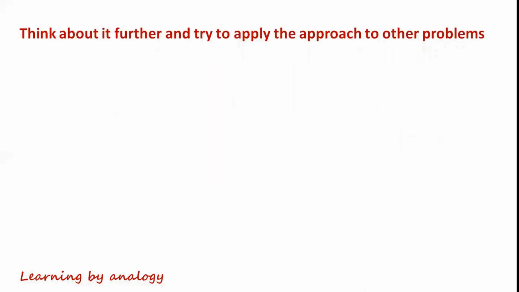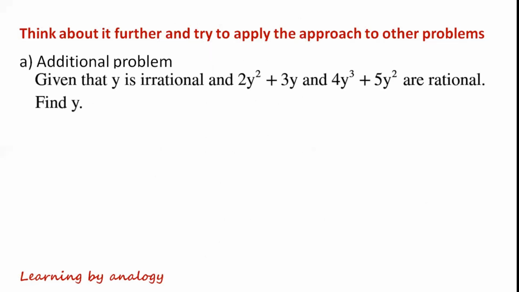Think about the thought process for the previous question further and try to apply the approach to other problems, such as this one. Given that y is irrational and 2y squared plus 3y and 4y cubed plus 5y squared are rational, find y.